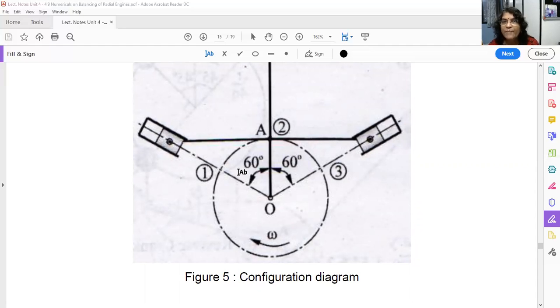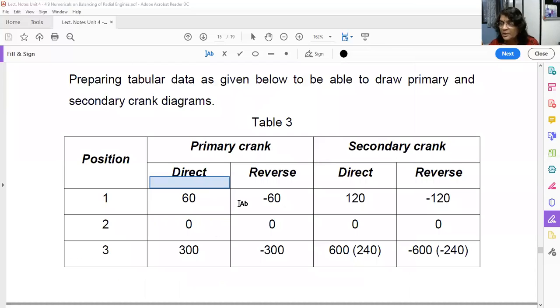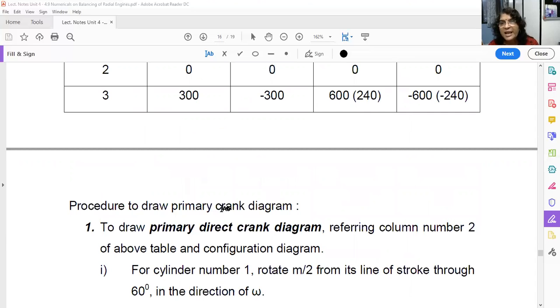Okay, by doing this you will write down this column. Reverse primary crank, just give the minus sign. Direct secondary crank, make the double of this one. Reverse secondary crank, just give minus sign for this column. Understood? Once you prepare this table, then you have to draw 4 diagrams.